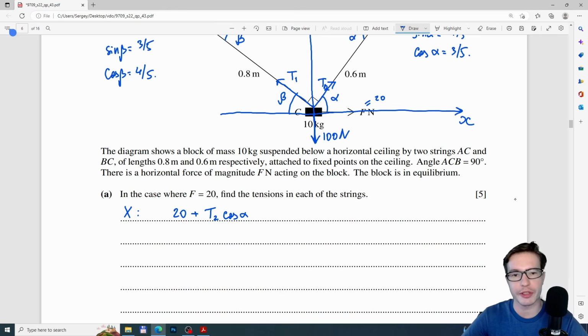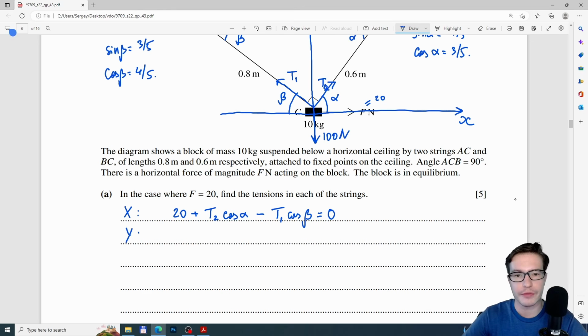T1 is in the opposite direction of the x-axis, so I'll take it with the negative sign. Again, the x component of T1 is adjacent to the angle, so therefore cosine beta. These are all the forces acting on the x-axis. It's equilibrium, so the sum equals 0.